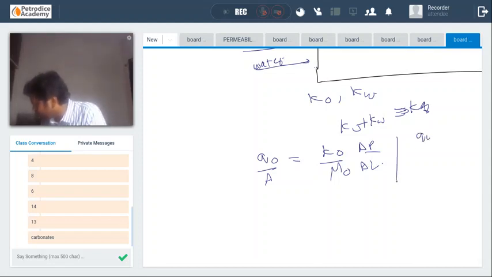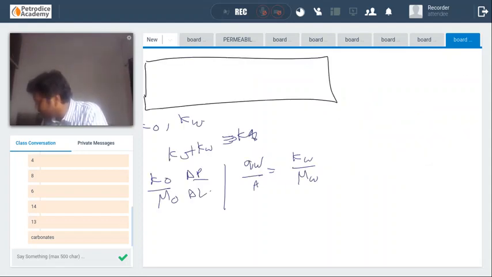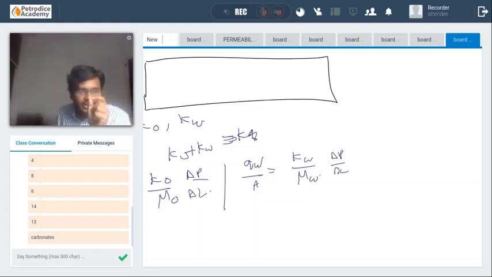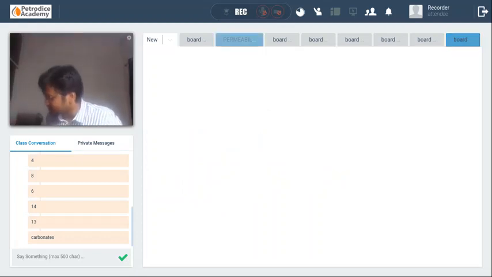Similarly, Qw divided by A, Kw divided by Uw, delta P divided by delta L. This is how the effective permeability of water is defined. Each permeability, that is Ko or Kw, is less than the total absolute permeability.